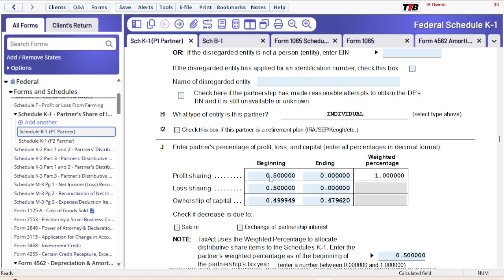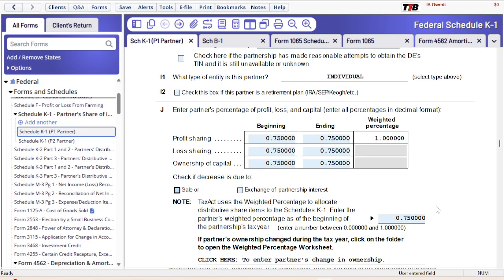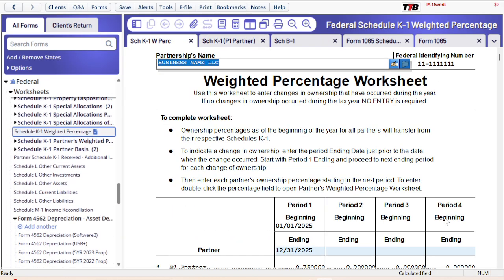So in this example, let's make partner 1 0.75, ending 75, and partner N 0.75, 0.75, and let's keep it like that. Let's see where it's taking us here.